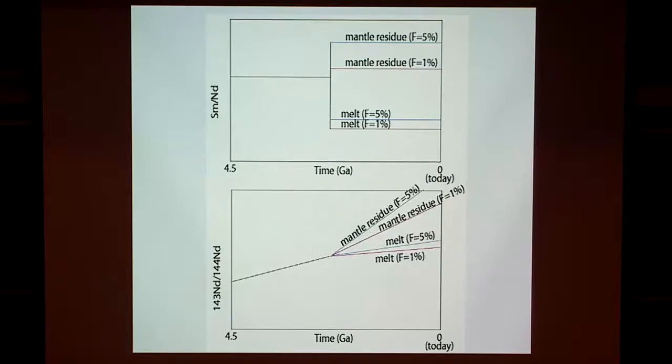So do you want to make a prediction for what the neodymium isotope ratio for the melt is relative to the neodymium isotope ratio of the residue? Morbs versus continental crust.